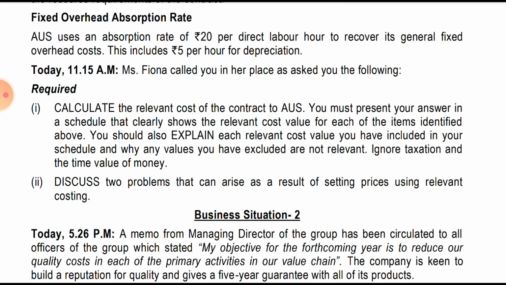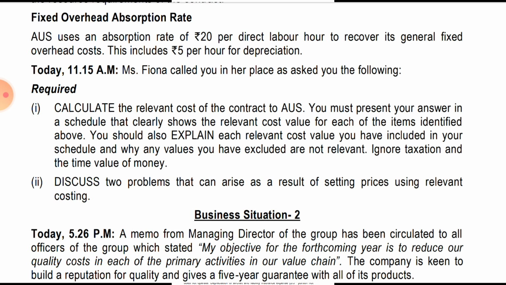You must present your answer in a schedule that clearly shows the relevant cost value for each type of item identified. Each type of item identified, in the sense material, component, labor, machine, then development time, as such all the items, all the subheads identified above.